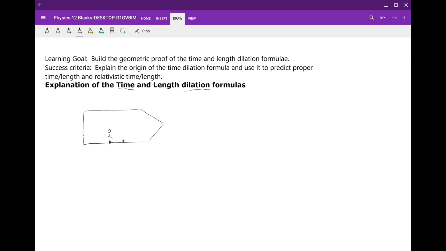And in this spaceship, a beam of light shoots up to the top here. Okay. And this guy has a clock. Okay. And he measures how long it takes for this light to reach the top. Okay. Well, we know that this is distance, right?